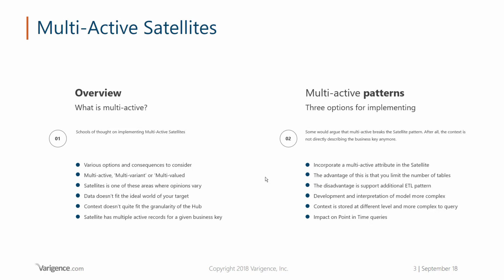There are a couple of different multi-active patterns. There are about three options for implementation. As I said, there's possibly a fourth one, but I'm not going to be covering that. What we want to do is incorporate the multi-active attribute in a satellite somehow, or you can add it to a satellite, or there's another pattern.